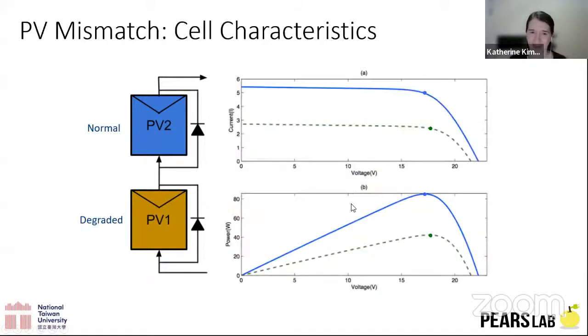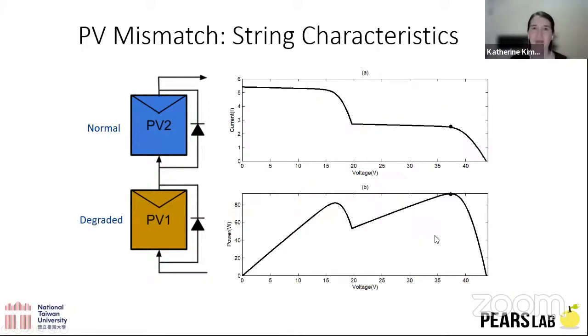So if we went back here and added up these two powers, it is not reaching the same value as the maximum power point of the whole curve, because when one is optimized, the other one is compromised. So this point is near the maximum power point for the degraded one, but not for the normal one. So the moment we put these mismatched cells together, we're losing power.